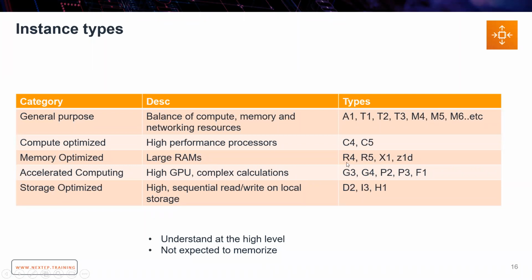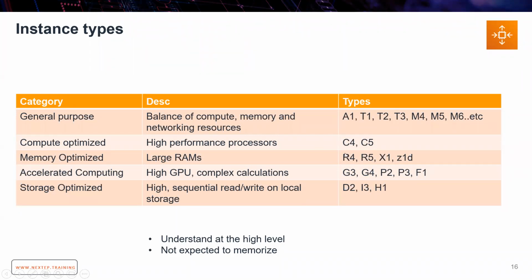If you really look at it, R stands for RAM, C for compute, G for GPU. And these are general purpose. There are some mnemonics online, but why did they call it T rather than something else? For some of them, R for RAM is our understanding.